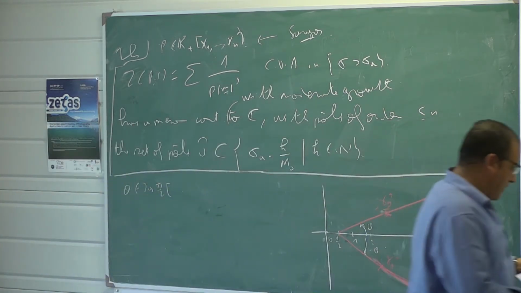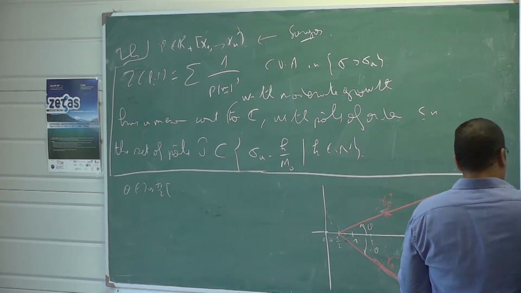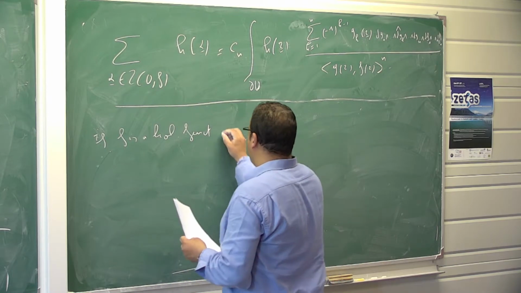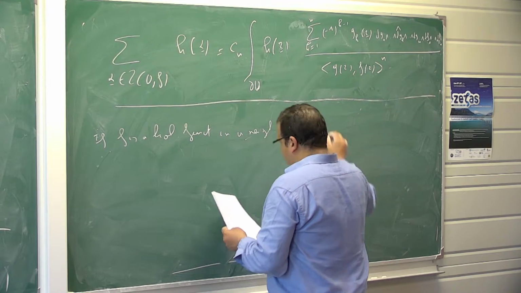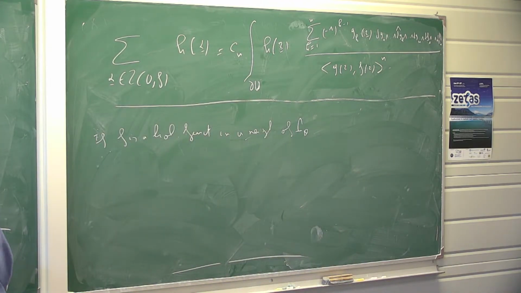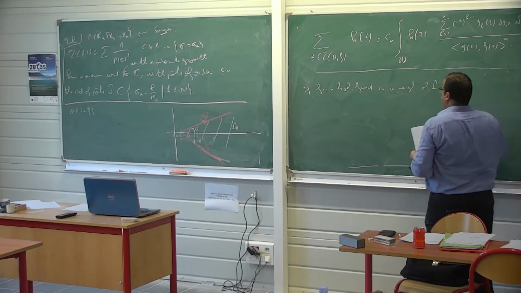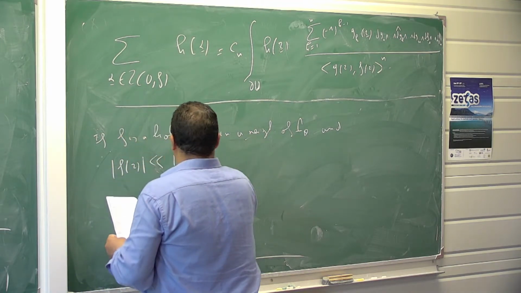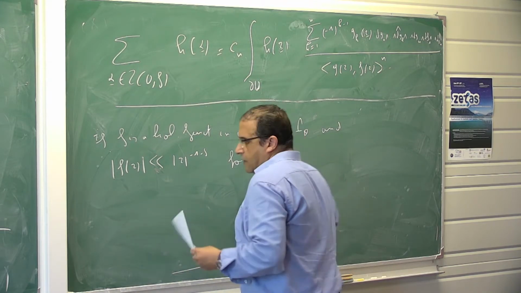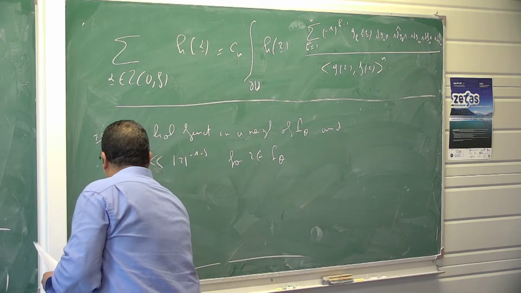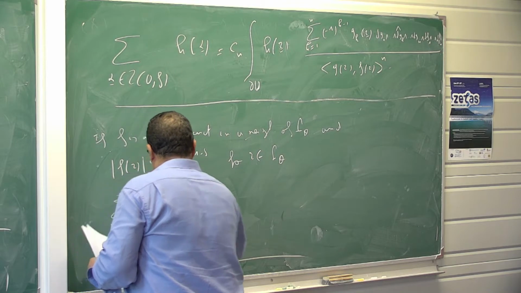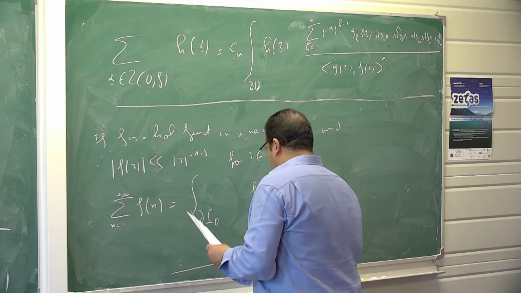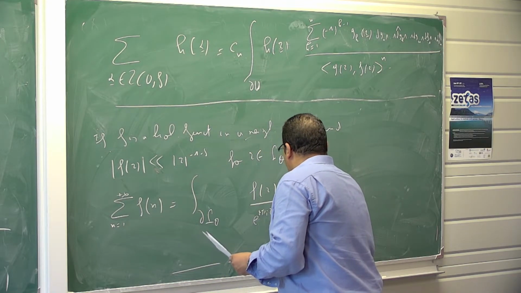And by using this path, it's easy to see that if f is a holomorphic function in a neighborhood of gamma theta, this set, and satisfies this growth condition for z in gamma theta, then by the residue theorem, the sum for n from 1 to infinity of f(n) is equal to the integral on gamma theta of f(z) over exponential of 2 pi i z minus 1, dz.